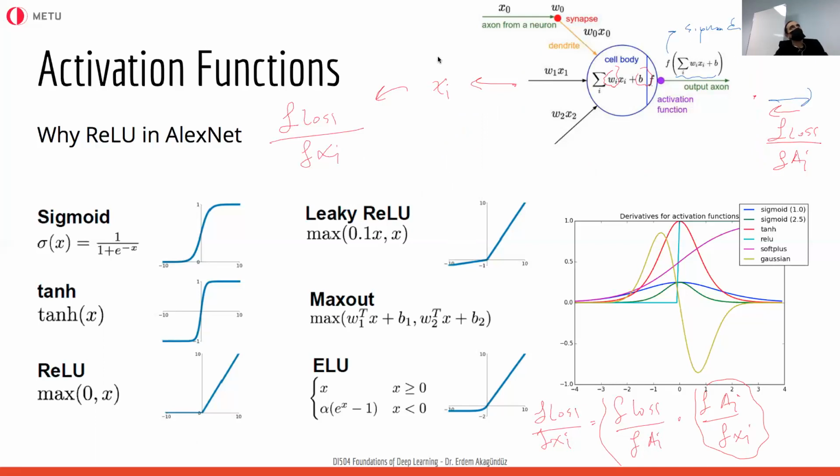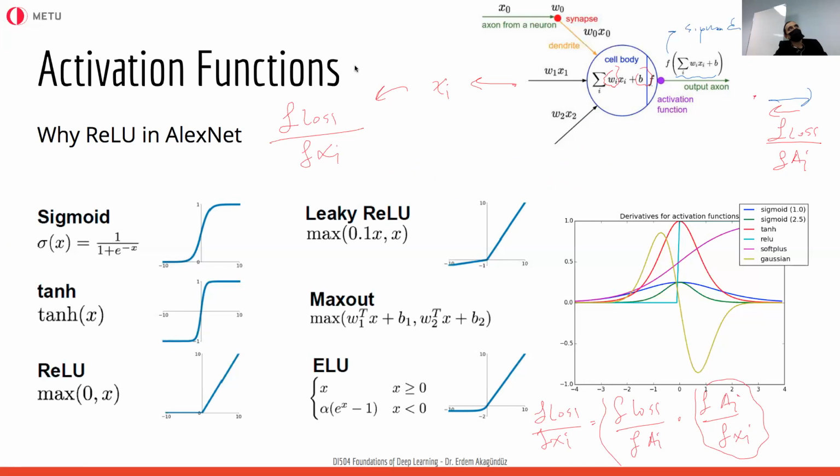Let me get a pen. Since ai is the sigmoid function given the summation of omega xi plus b, I'm taking the derivative of this with respect to xi.